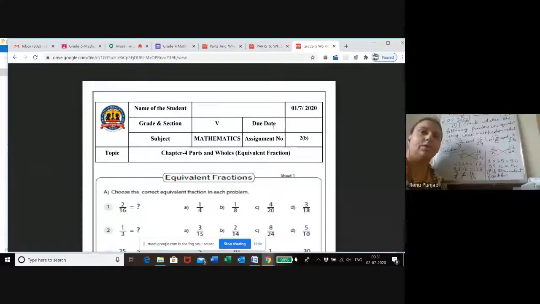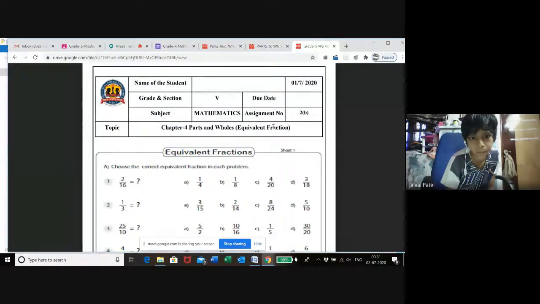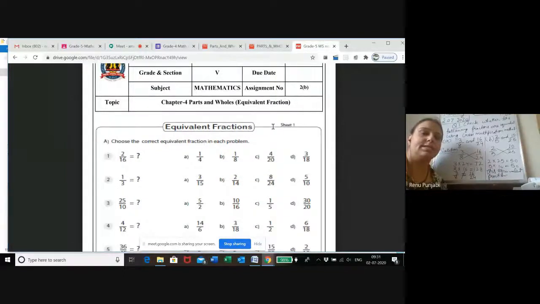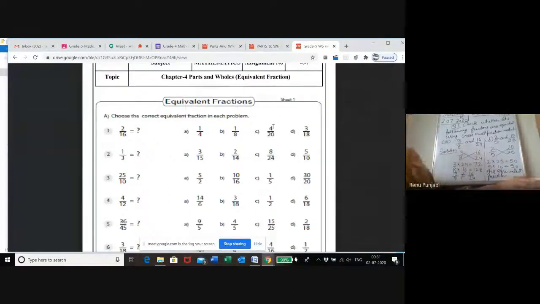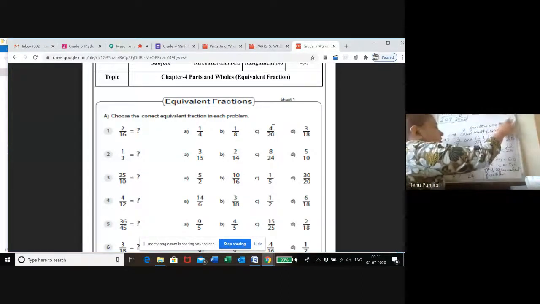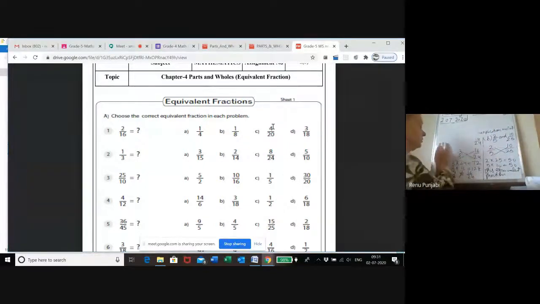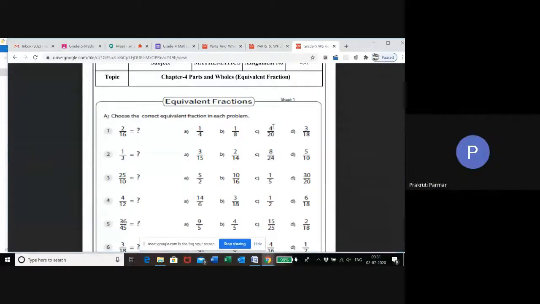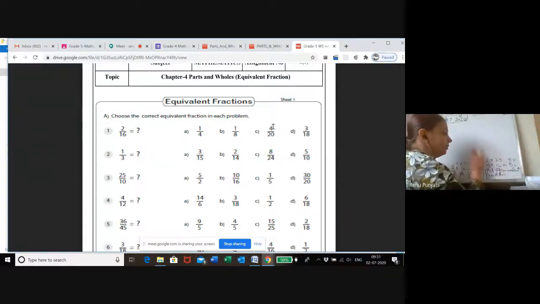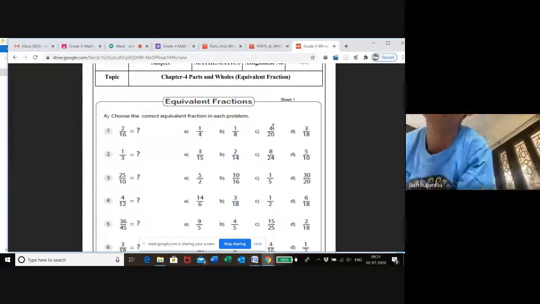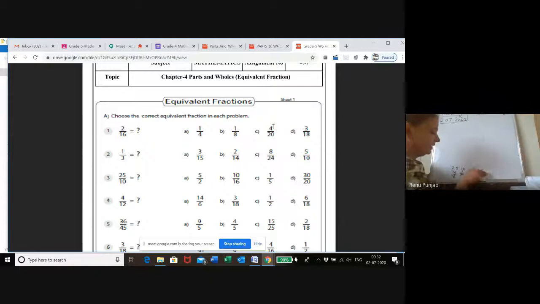Yes, ma'am. This was the worksheet I gave yesterday. I will write some questions here on the board and explain. You don't have to write now, you have to understand yesterday's worksheet. Let me explain with the first one, then I will explain B1 also.